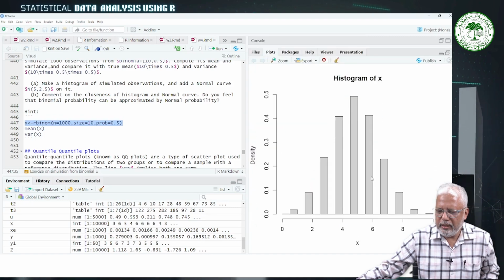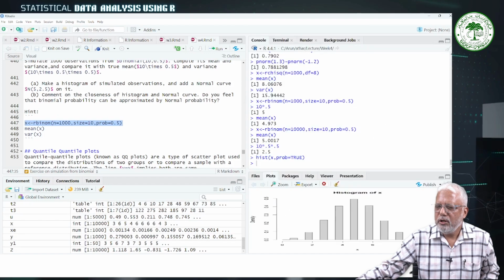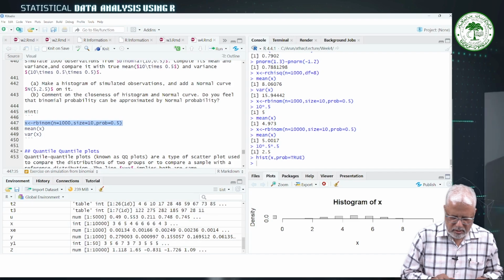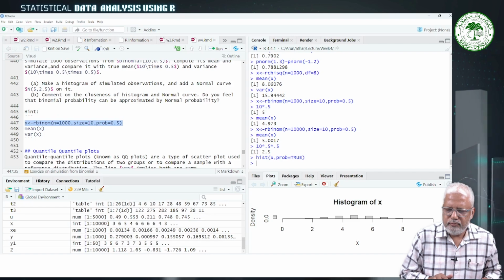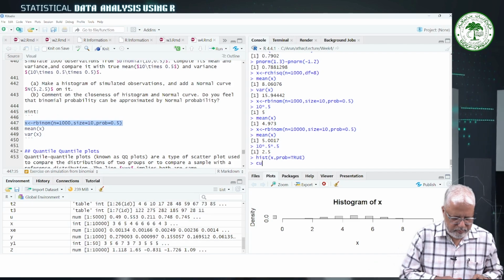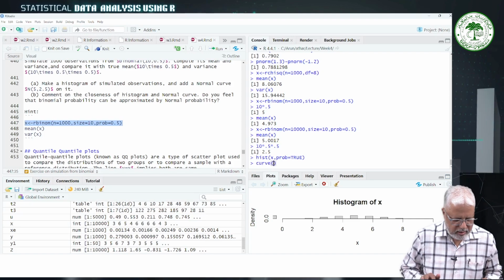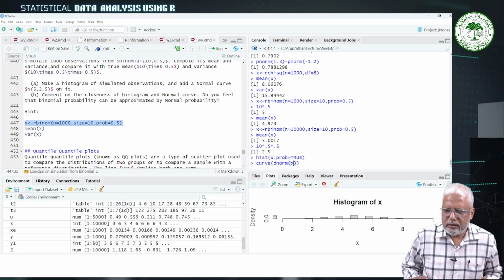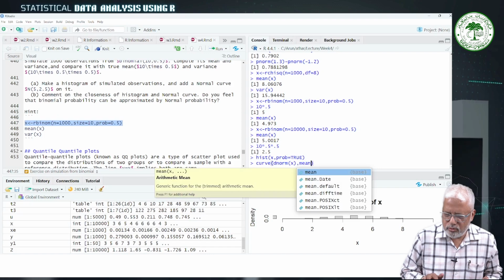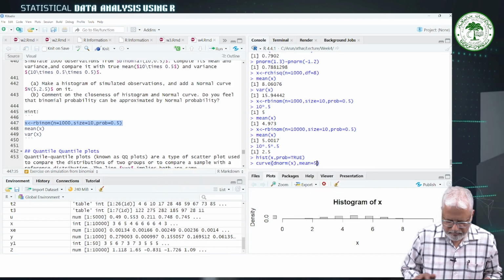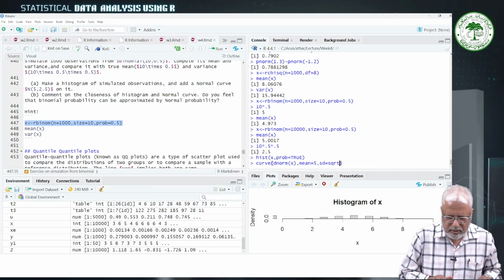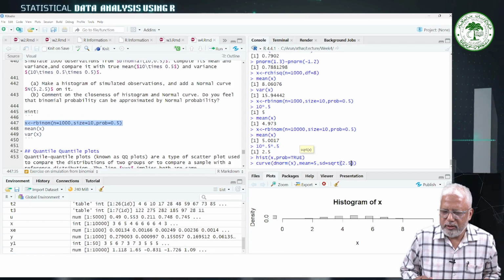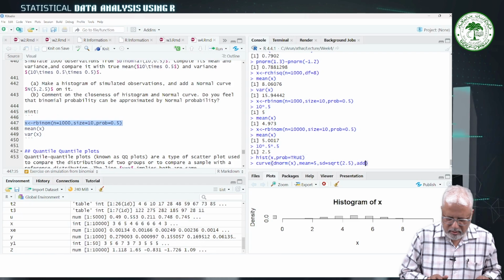And now we can add a normal curve on this, that is the function curve, dnorm of x, mean is equal to 5 and SD is equal to sqrt of 2.5, and add is equal to true.